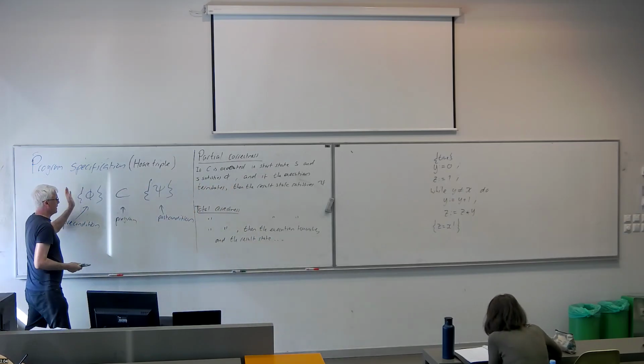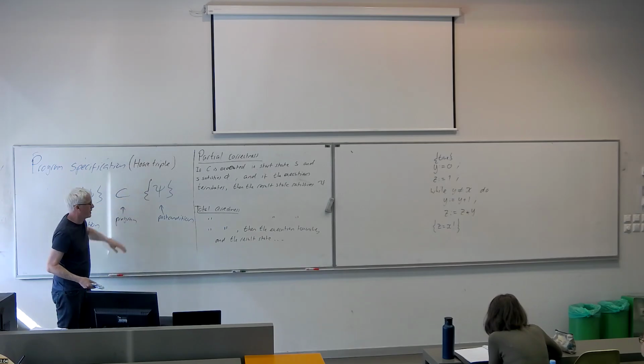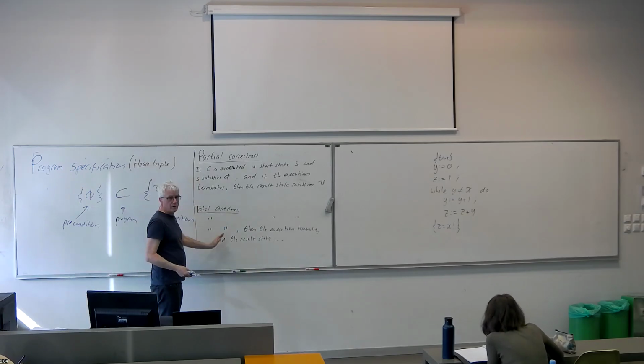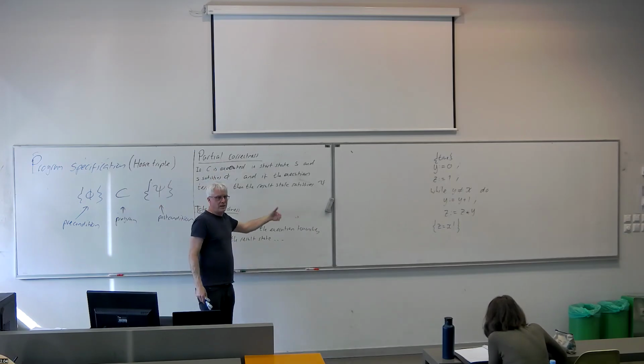So we have the common idea of a Hoare triple, which is the specification, and we have two different possible ways of interpreting it. In one way, we leave proving the termination of the program as a separate task. It's not addressed by Hoare logic.